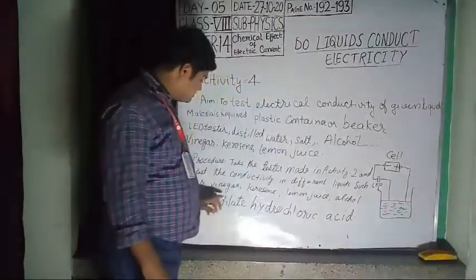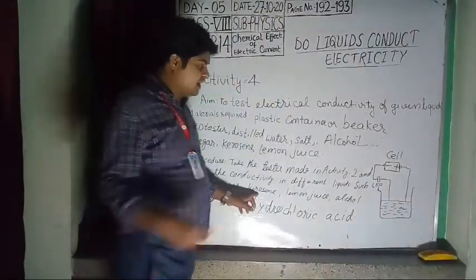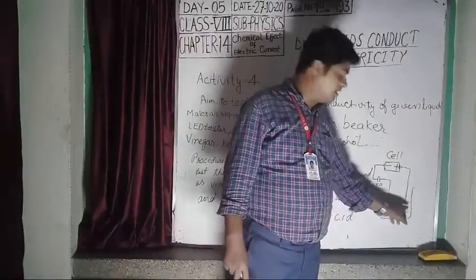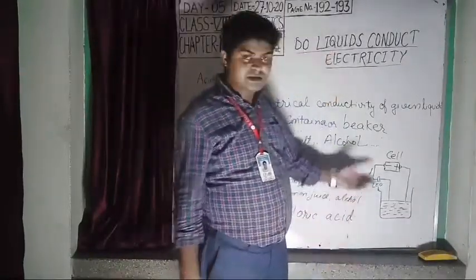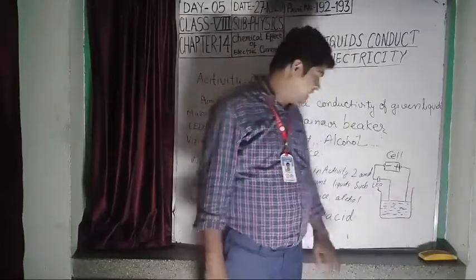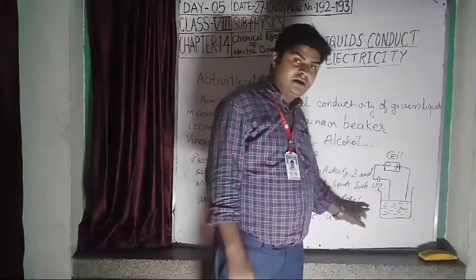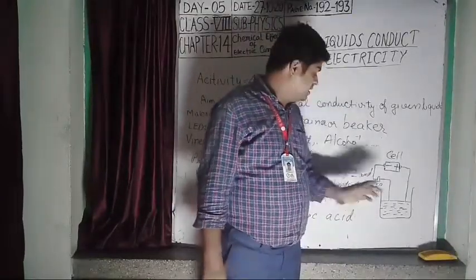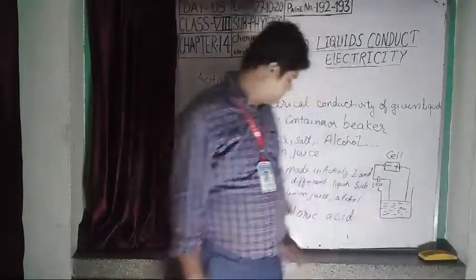Now second, kerosene. You will take kerosene in the container instead of vinegar. Kerosene does not allow electric current to pass through it, so the LED bulb does not glow. In the column of kerosene, you will write: LED bulb does not glow.